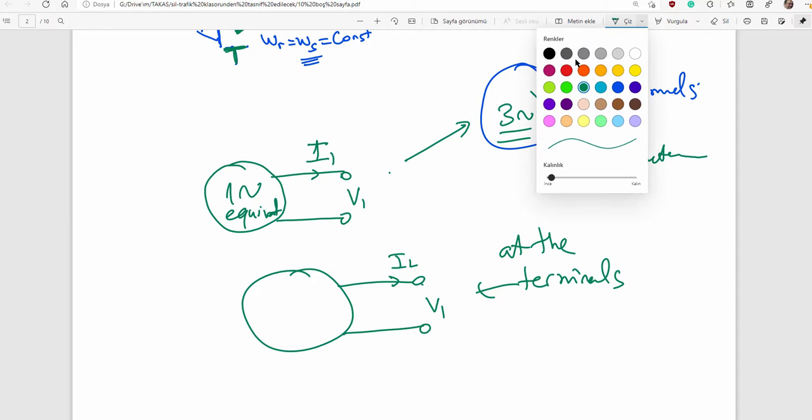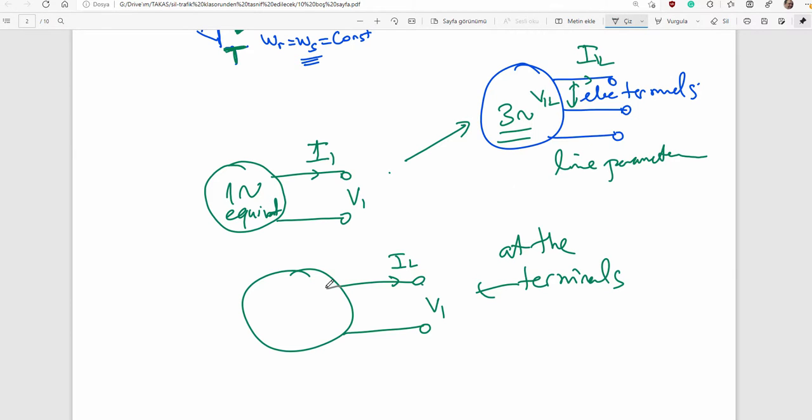And then inside the box, here is resistance, here is reactance, and here is EMF dependent voltage source. That's it. Since machine has one phase equivalent, we always discuss one phase parameters.